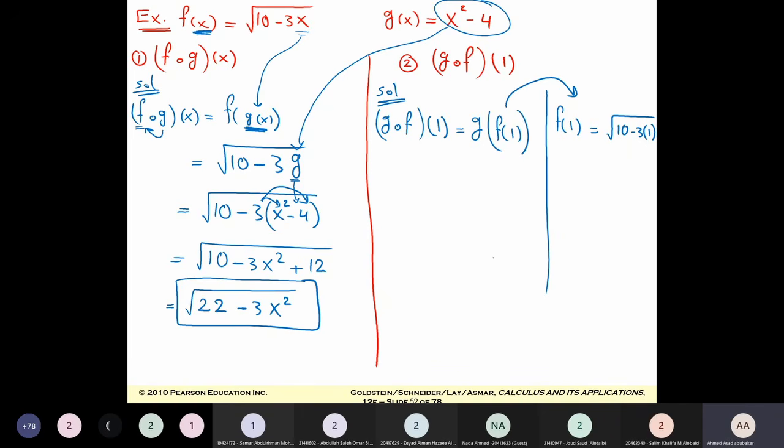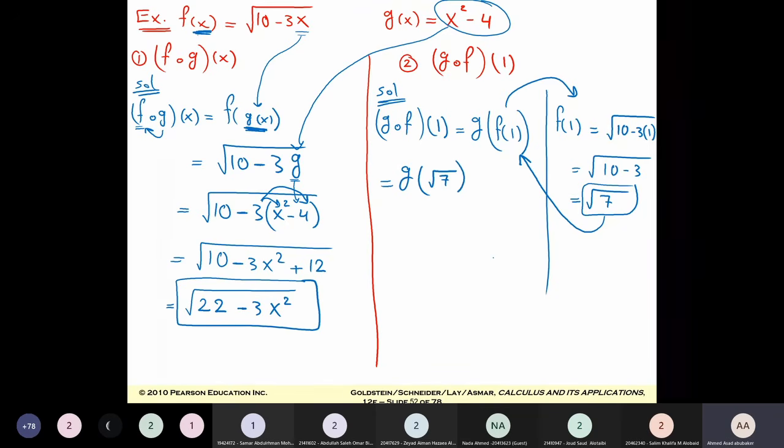We need to substitute 1 in f of x. This equals radical 10 minus 3. So we have radical 7. So the value of f of 1 equals radical 7. Okay? We want to find g of f of 1. What is the value of f of 1? We found it separately. f of 1 means substitute 1 in f, and it came out radical 7. So we want to find g of radical 7, which is the value of f of 1. Instead of f of 1 I now have the value radical 7.